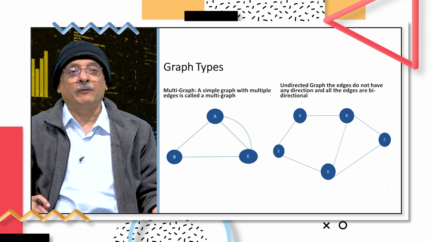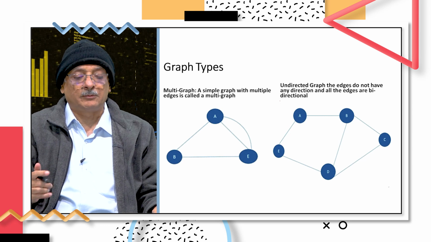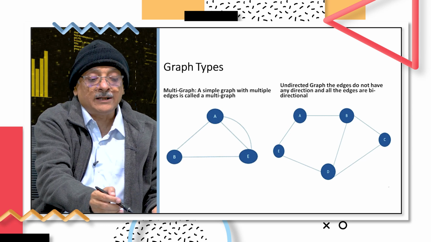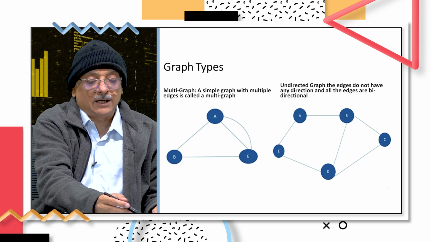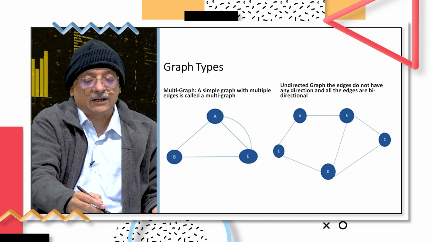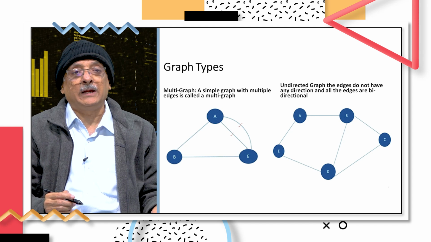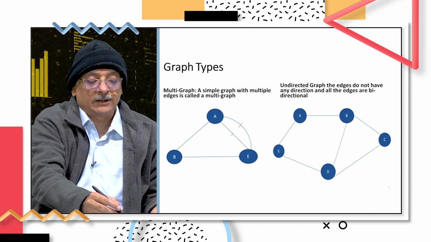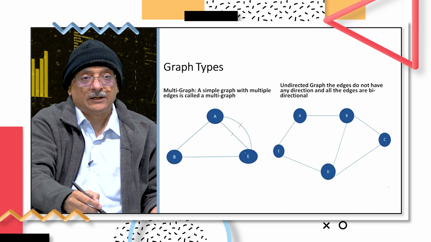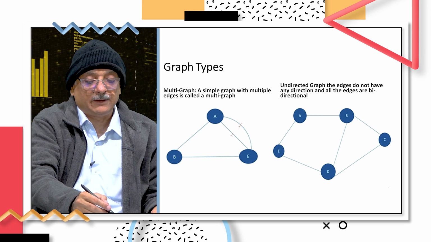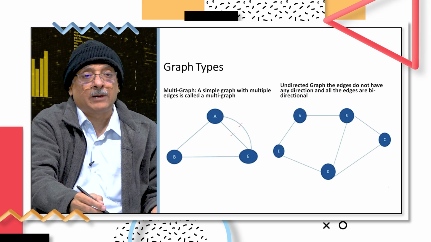The other type of graph is called a multi-graph, a simple graph with multiple edges. So, now we are allowing two edges between A and E. If we are allowing two edges, then it is called a multi-graph. If we assign weight to these edges, then they might be different.